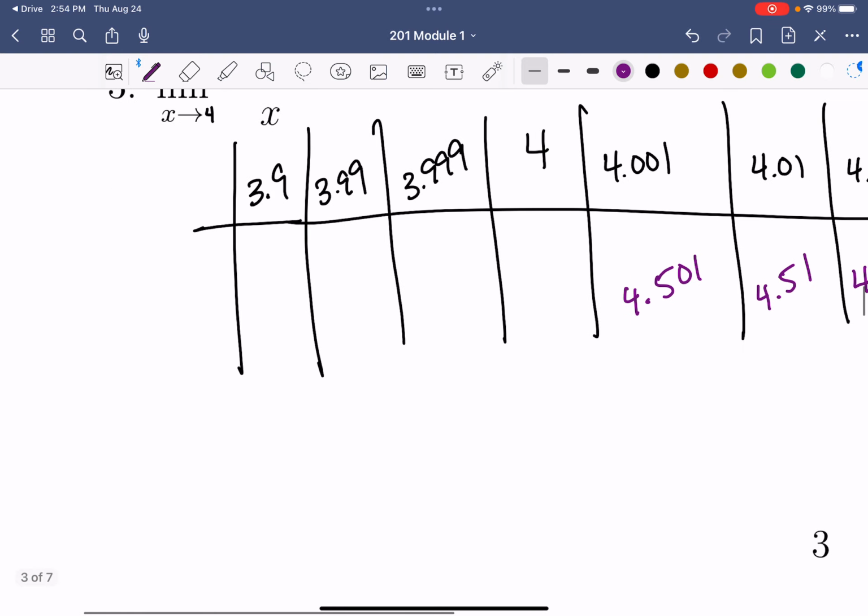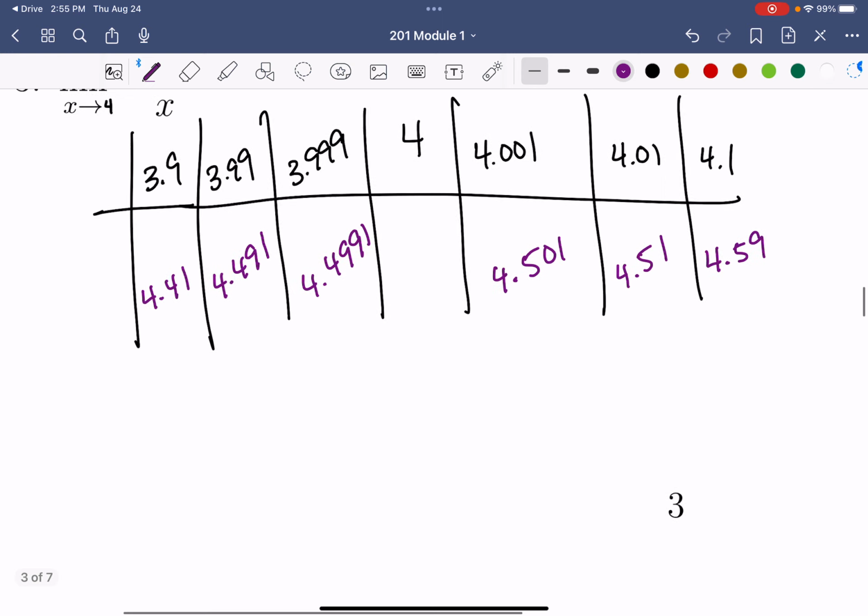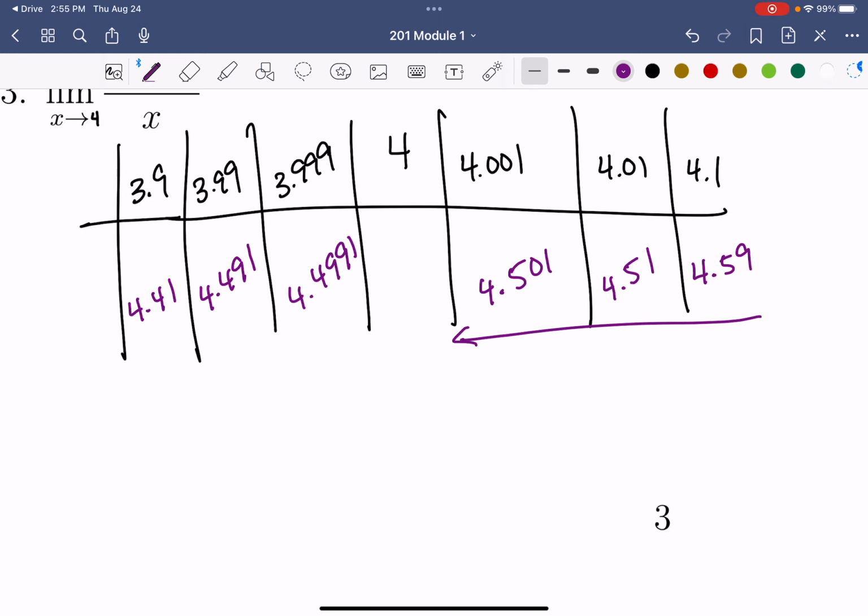On the other side, if I use the 3.9, I've got 4.41. I've got 4.491. And I've got 4.4991. So what's happening here is we go this way, I'm getting closer and closer to 4.5.